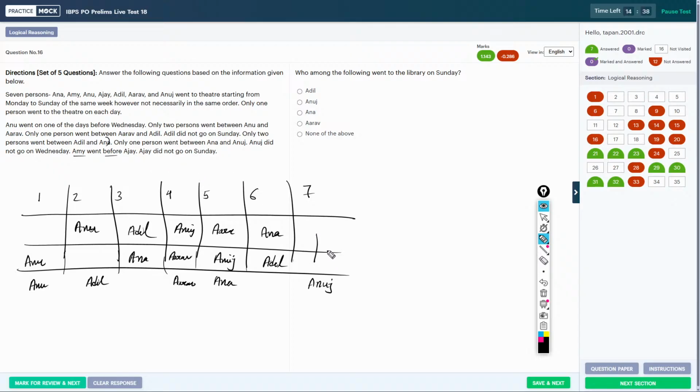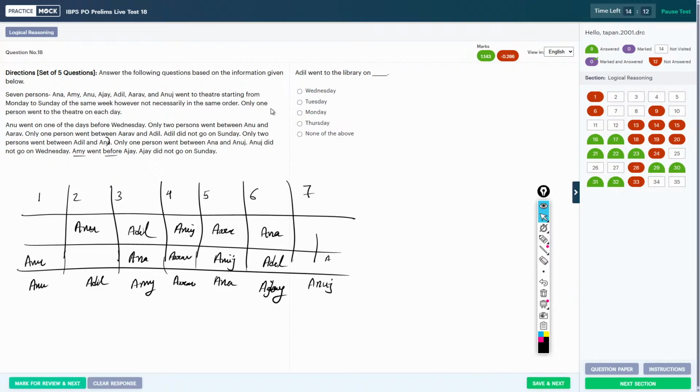So in both these scenarios, Ajay is coming on Sunday. But Amy went before Ajay on Sunday. So Anuj went on Sunday. Just before Amy, Adil.